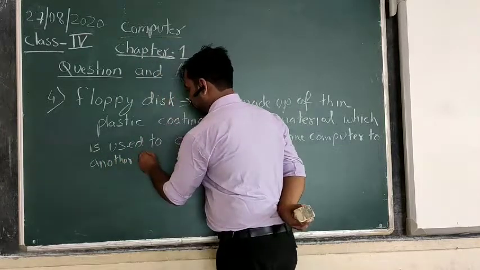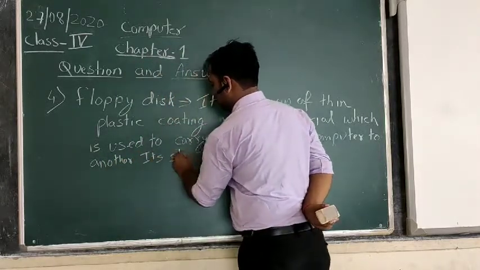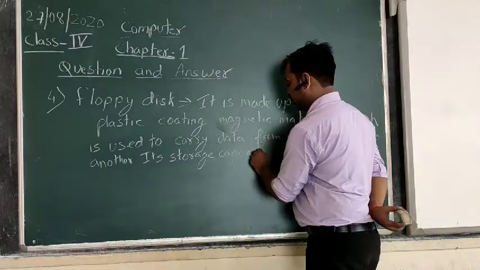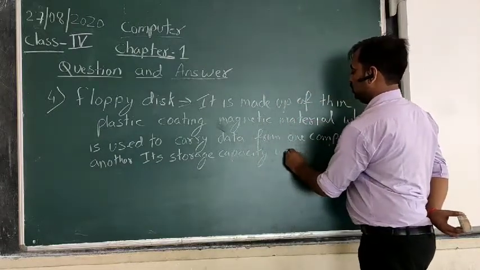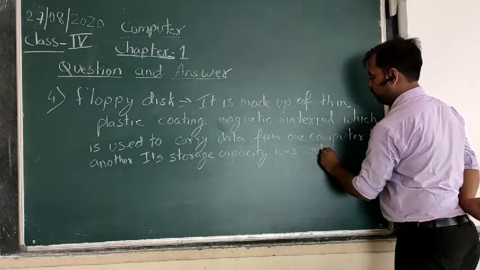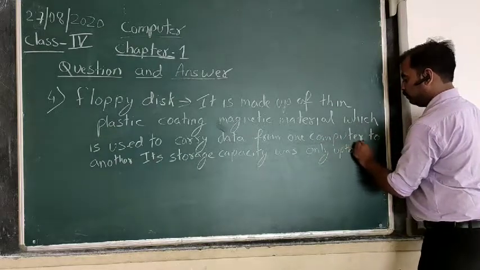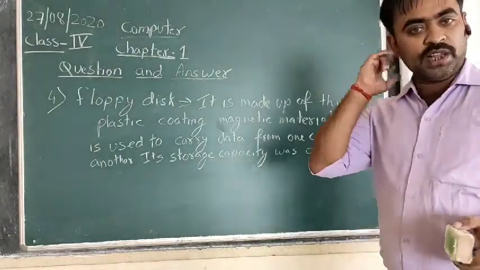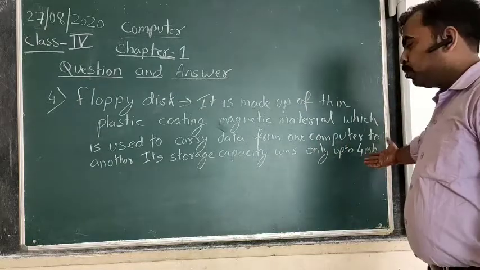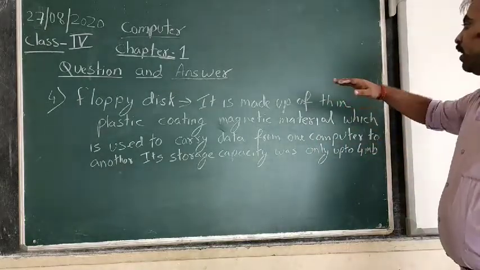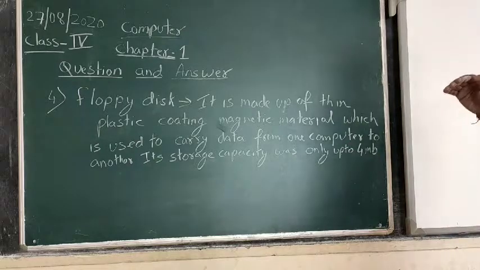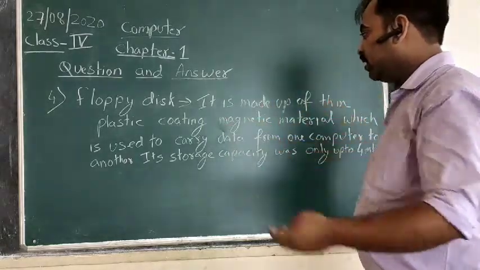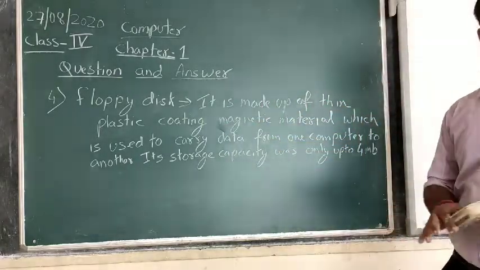And its storage capacity was only up to 4 MB. So the floppy disk was made up of a thin plastic coating magnetic material which is used to carry the data from one computer to another, and its storage capacity was only 4 MB.